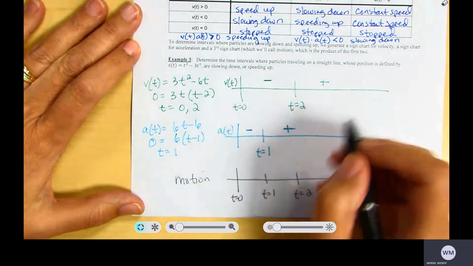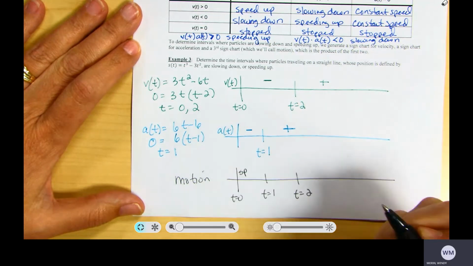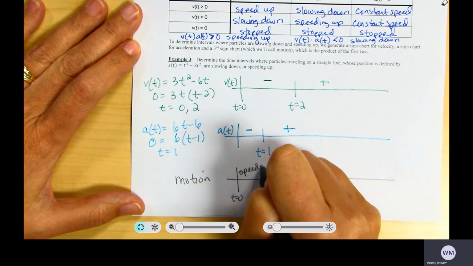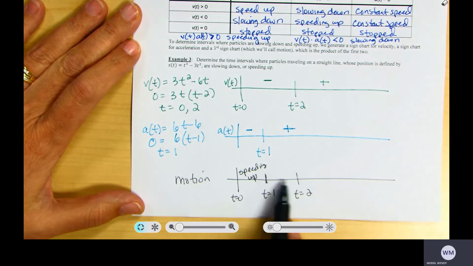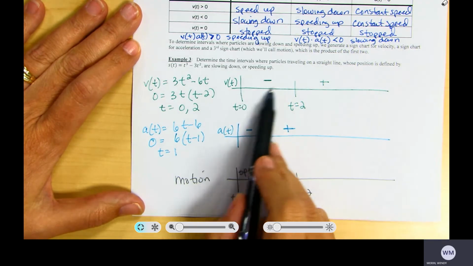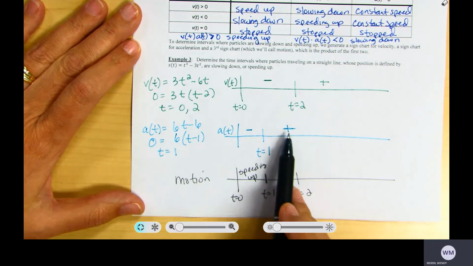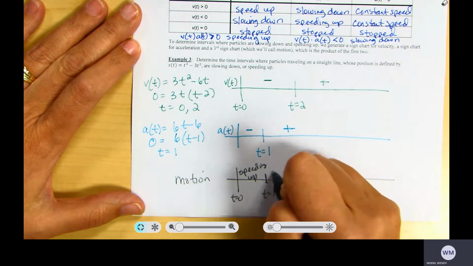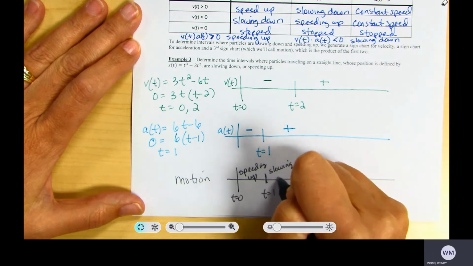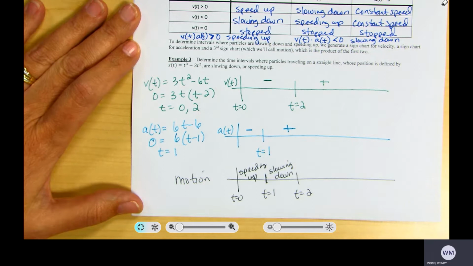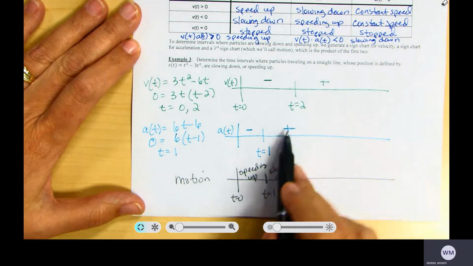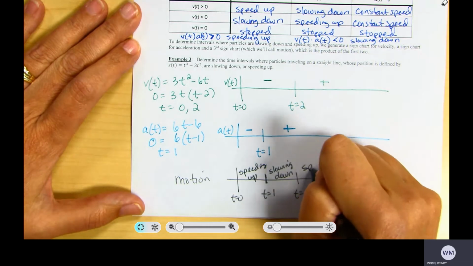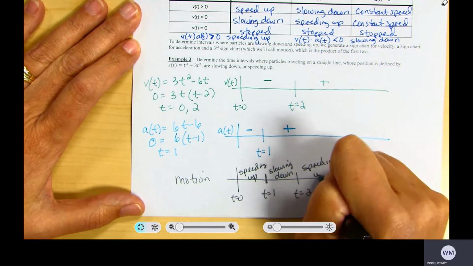So that means that you're speeding up. How about from 1 to 2? Well, again, your velocity is negative. You're moving to the left, but you're being pulled to the right. So you're going to be slowing down. And then when t is greater than 2, you're moving to the right and you're being pulled to the right. So you're going to be speeding up.